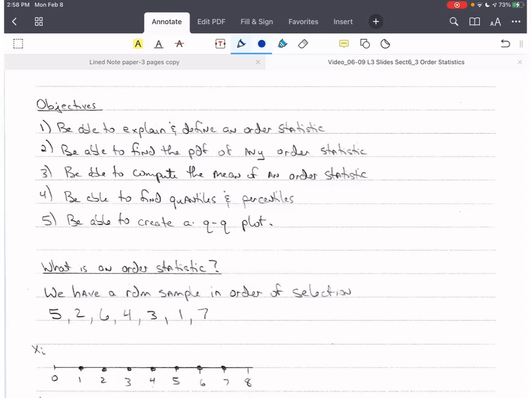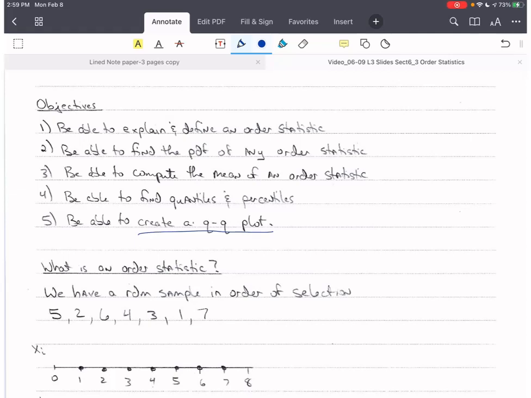Again, this will be using the distribution of the order statistic. And finally, we want you to be able to manually create a QQ plot, which is a quantile plot. These are used to visually verify if a sample is from a certain distribution or a suspected distribution, if you will. So to start this, what is an order statistic?